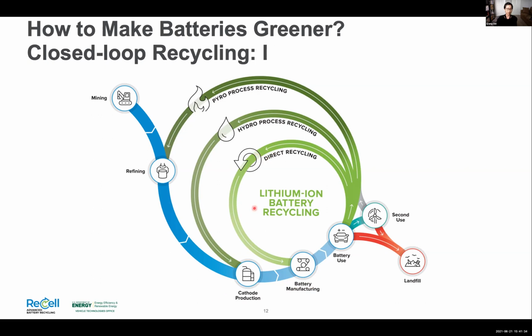And we still need to use these materials to produce the cathode powder and then to produce the new battery. In contrast, at Argonne, we are trying to commercialize the direct recycling technology. As opposed to these commercialized recycling technologies, we're trying to recover the cathode material as is. So we will be able to recover the cathode material and, after some regeneration step, reuse that for new battery manufacturing.